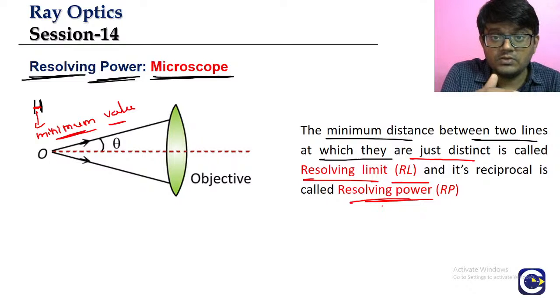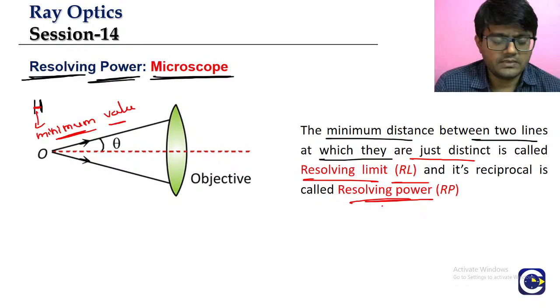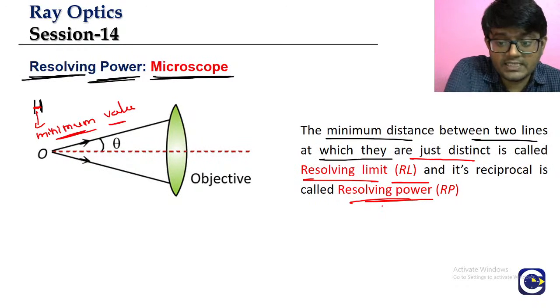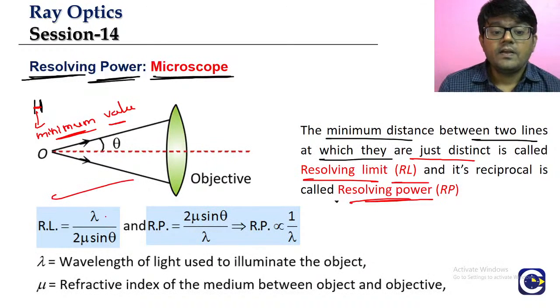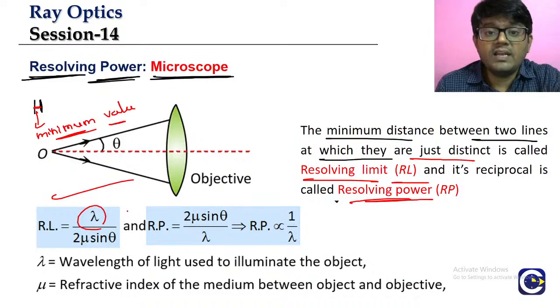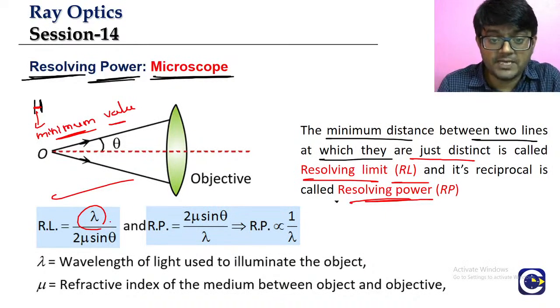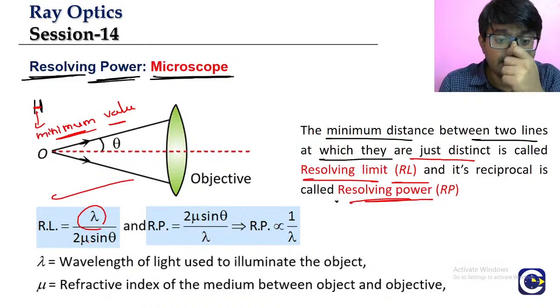And when we talk about the resolving power, it is defined as the reciprocal of the resolving limit. So we have a formula for the resolving limit. Resolving limit depends upon the wavelength of the light used for seeing the particular object, lambda, and the mu value.